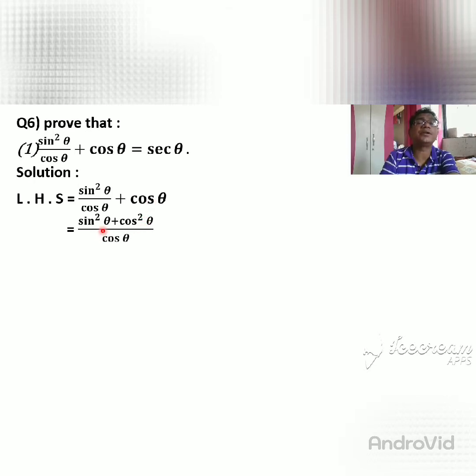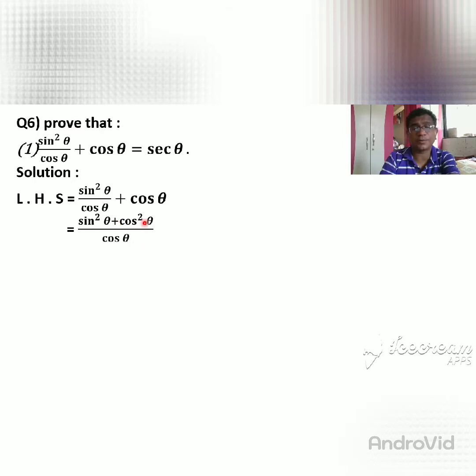So sin square theta plus cos square theta, that gives you the identity. I carry sin square theta as it is, and the plus sign as it is. Here cos theta multiplied by cos theta gives cos square theta. Is that clear? So sin square theta plus cos square theta, divided by cos theta.